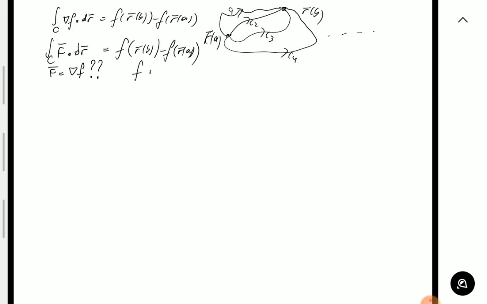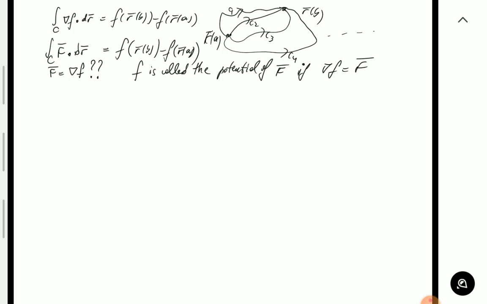Little f is called the potential of big F if the gradient of little f is big F. It has to do with the analogy with conservation of energy, which we'll talk about in a moment, before we go over how we find this potential, because that's the key thing. How do you find the antiderivative, basically, in the form of this gradient?